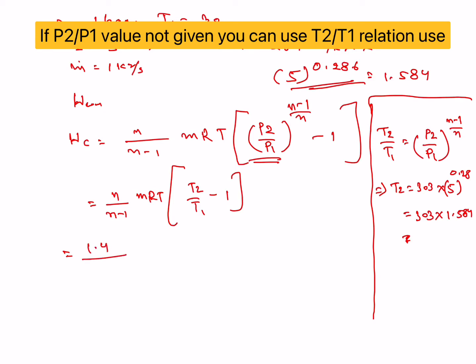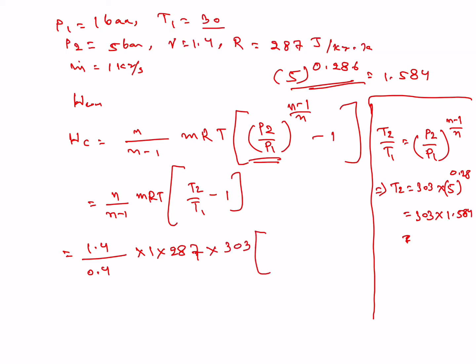N value 1.4 by 1.4 minus 1, it's 0.4, into 1, m value given, then 287 into T1 value, 303, into T2 which is 303 into 1.584 divided by 303, minus 1.